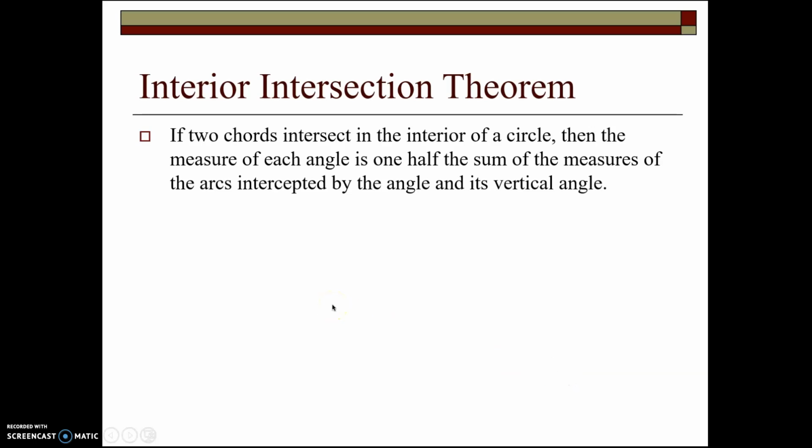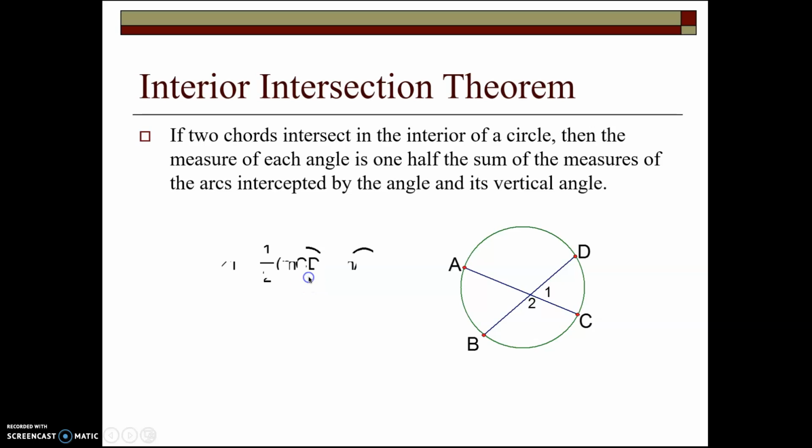The interior intersection theorem: if you have 2 chords intersect in the interior of a circle, then the measure of each angle is 1/2 the sum of the measures of the arcs intercepted by the angle and its vertical angle. So here's a picture of what that's going to look like. Here's our 2 chords that are intersecting.